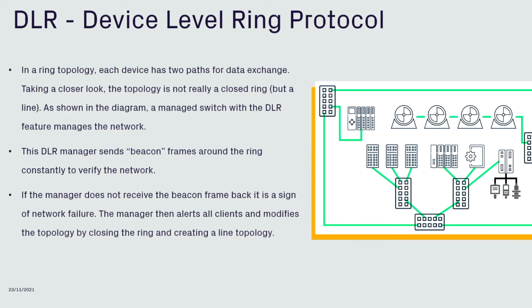And well, there's also a protocol deciding which way the message goes without going internally round and around. In the DLR protocol, we have managers and also clients. Well, we used to call them manager and clients, but we have different names for that. We can see that later on as well. And there's also a so-called beacon frame to check if all the connections are correct.